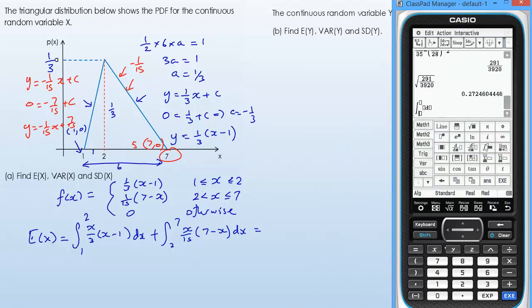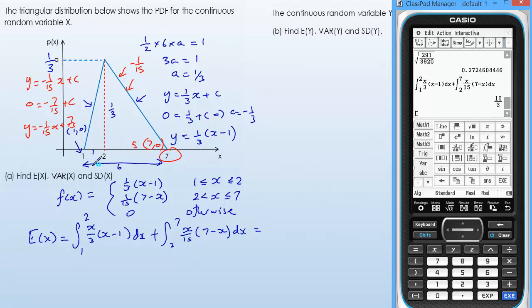So we've got the integral from 1 to 2 of x over 3 (x minus 1) dx, and then we're adding that to the integral going from 2 to 7 of x over 15 (7 minus x) dx.